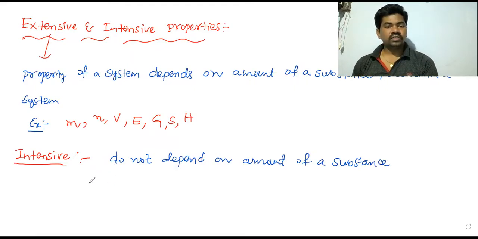For example, what are the properties that do not depend upon the amount of a substance?